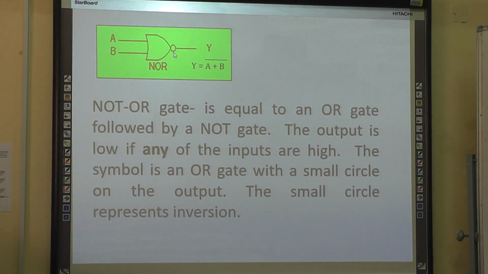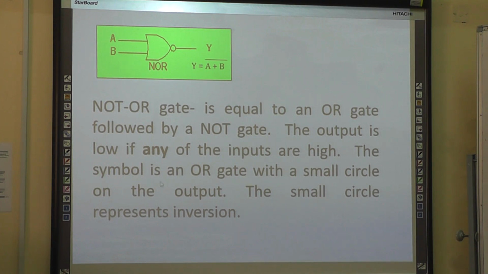This bubble in the output corresponds to the inversion of the output, equivalent to the inverter gate or the NOT gate at the end. So that means the OR gate is combined with a NOT gate at the end. It is equal to an OR gate followed by a NOT gate.